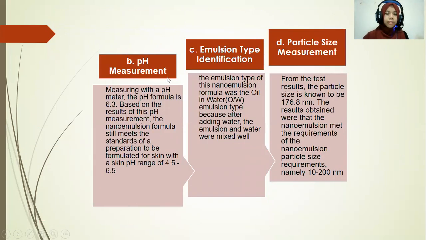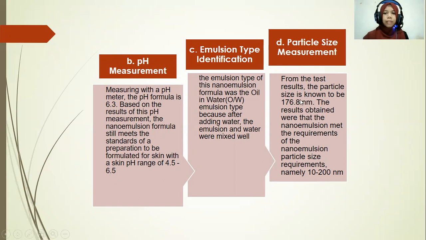About pH measurement, we get 6.3, which still meets the standard of the preparation. About emulsion type identification, this type is oil in water, because after adding water, the emulsion and water mix well. How about particle size?